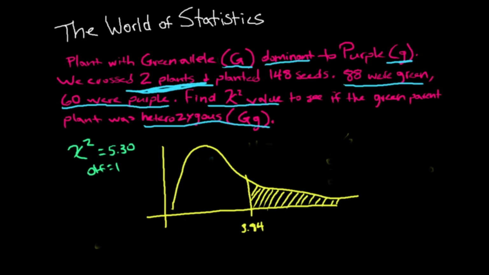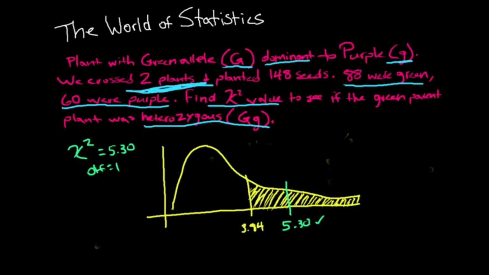If anything falls within the rejection region, we can reject the null hypothesis and conclude that there is enough evidence to support the alternative. So 3.84, and we had a value of 5.30. So that checks the box, which means we can reject the null hypothesis.